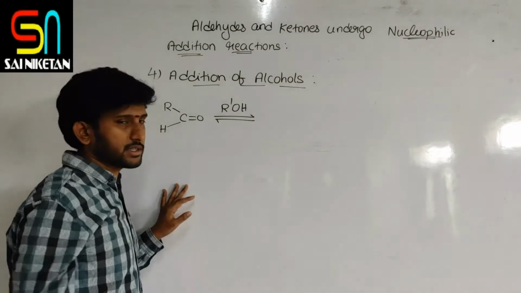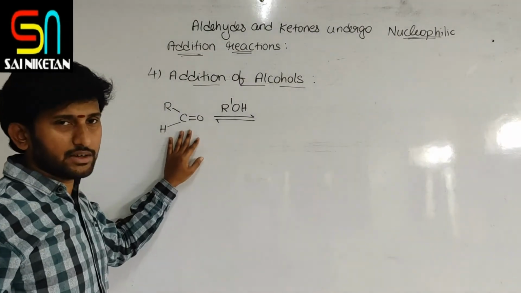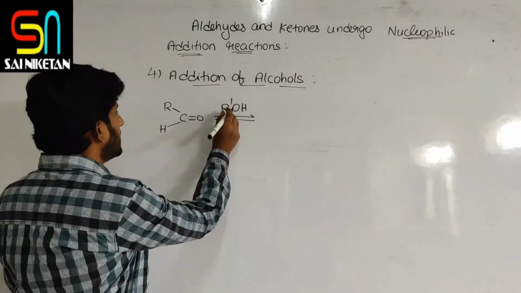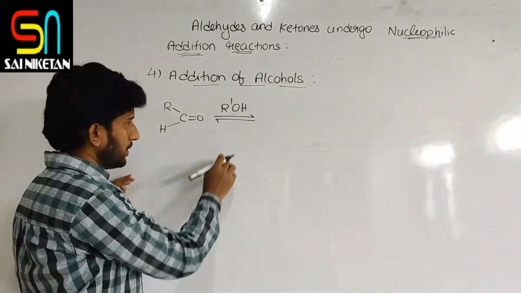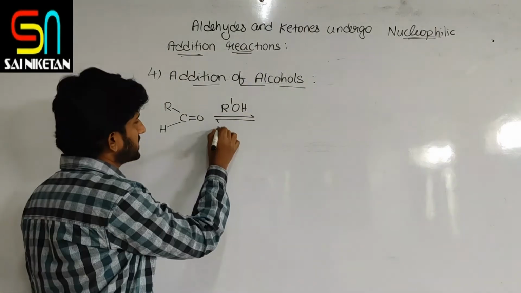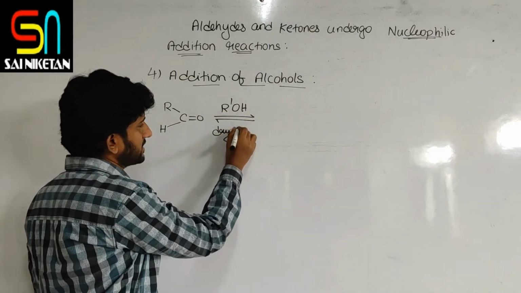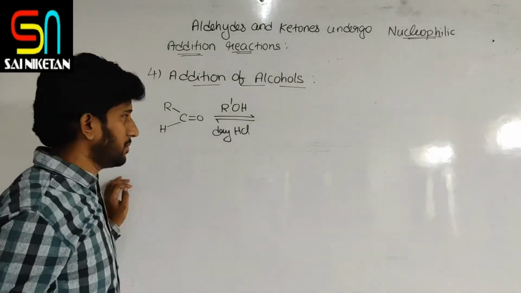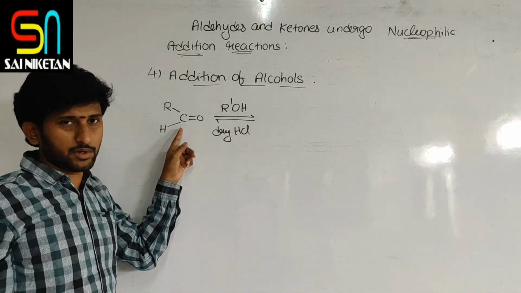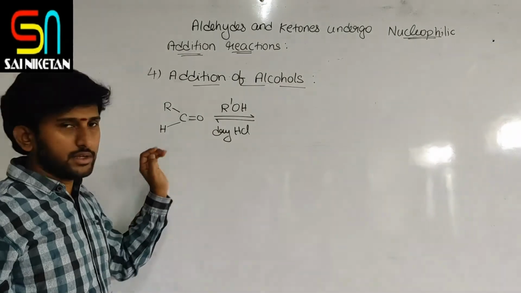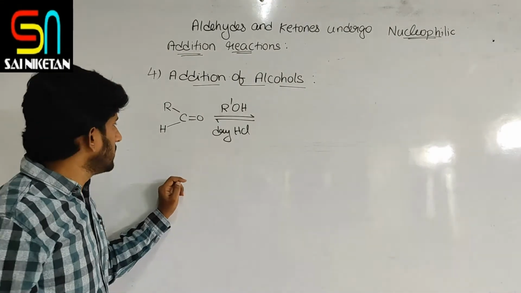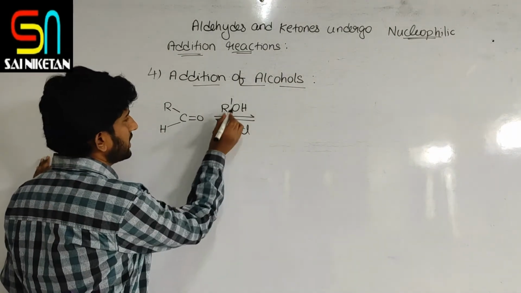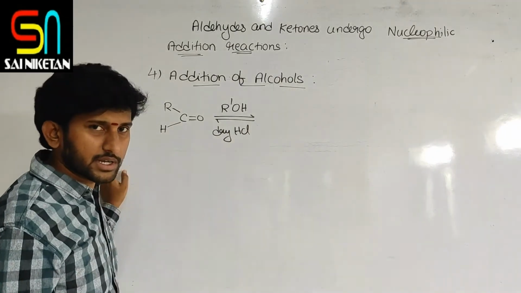Now what is that reaction? Let us see. A general aldehyde on reaction with this alcohol. Basically it is done in HCl gas, because for activation of this carbonyl group we maintain an acidic medium. So nucleophilic attack can take place easily in HCl.